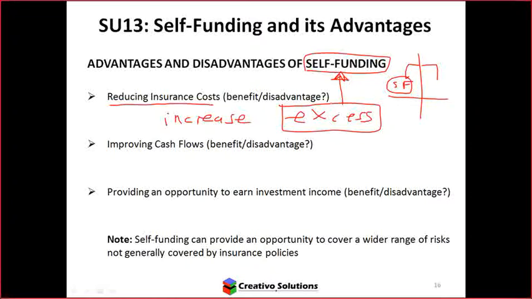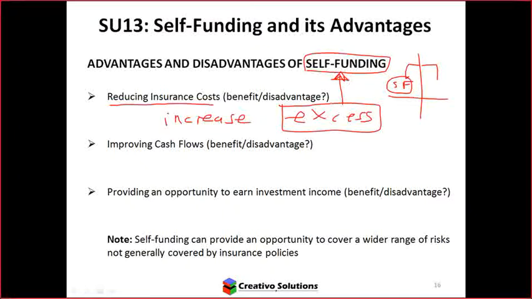Your cash flow will be negative when you claim in the future if you've self-funded a particular loss, but the cash flow in the present, or leading up to the actual loss, is going to be positive because all those premiums are kept within the business. Those premiums aren't being paid to an insurer. Yes. And then the last point, providing an opportunity to earn investment income.